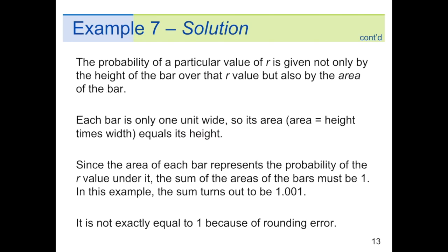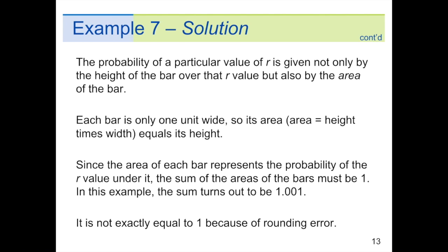The probability of a particular value of R is given not only by the height of the bar over that R value, but also by the area of the bar. Each bar is only 1 unit wide, so its area, which is height times width, is equal to its height, because the width in this case is 1.